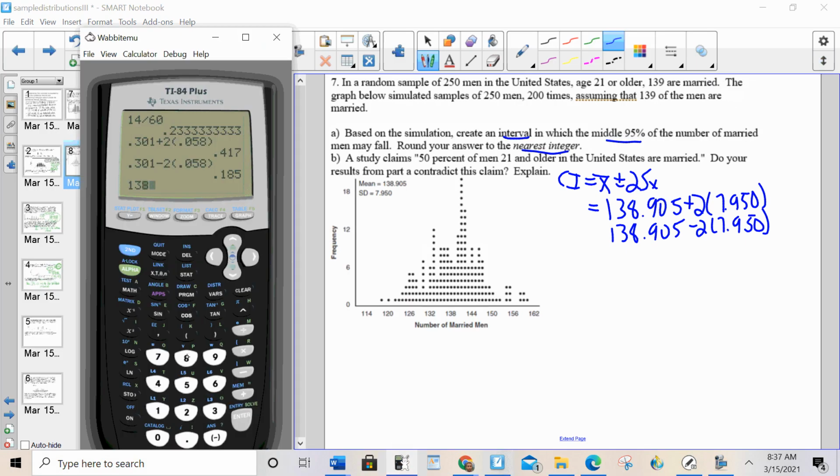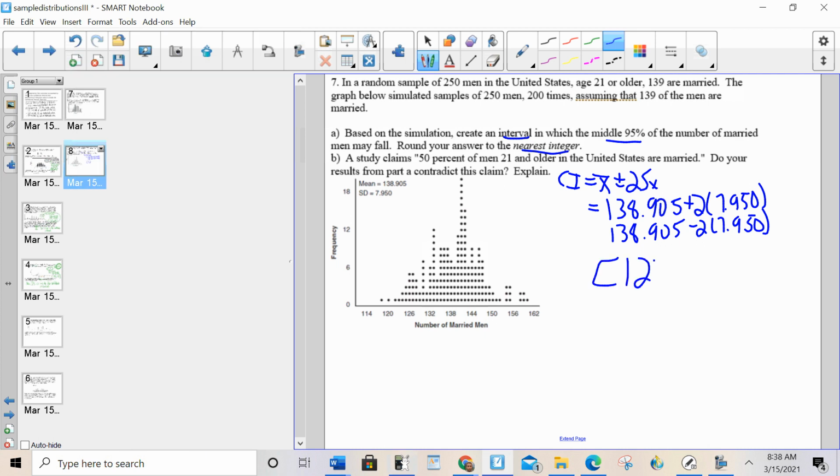It says the nearest integer, and it's always smallest to largest, so that's 123 to 155. That's 2 Regents points right there.